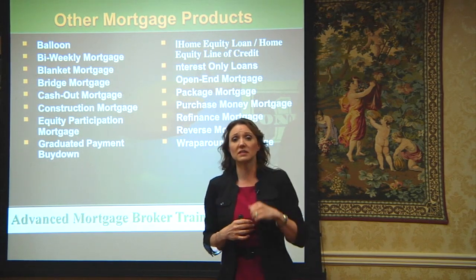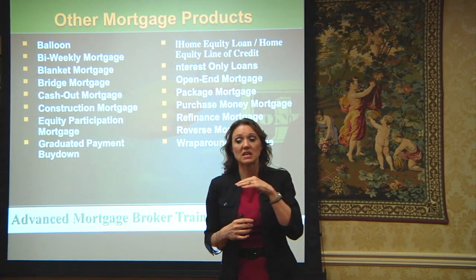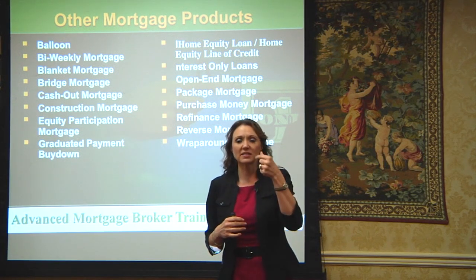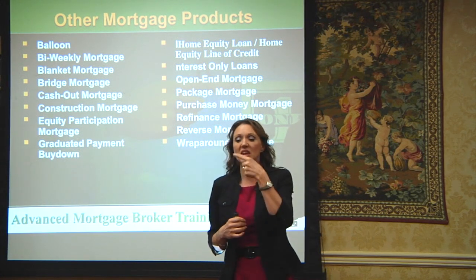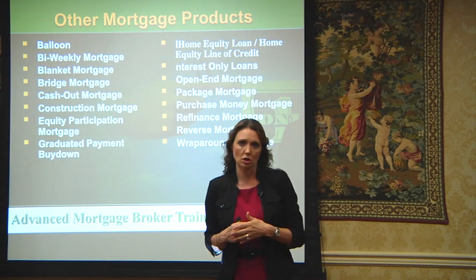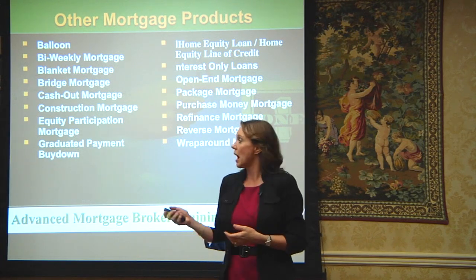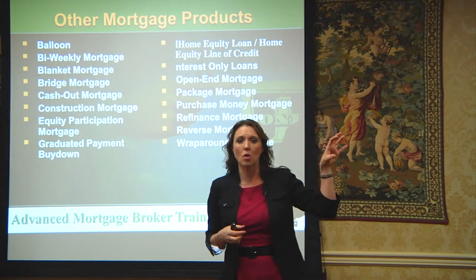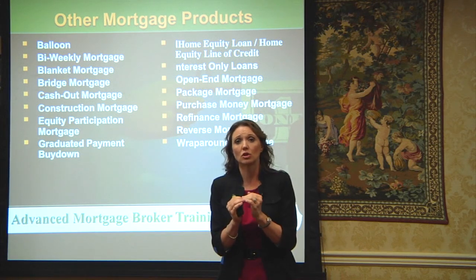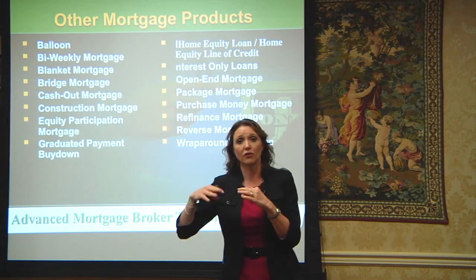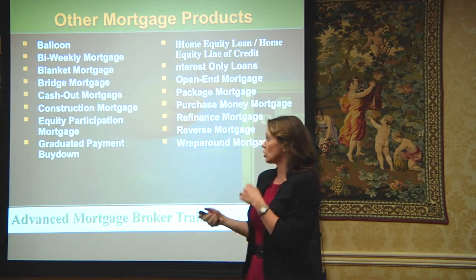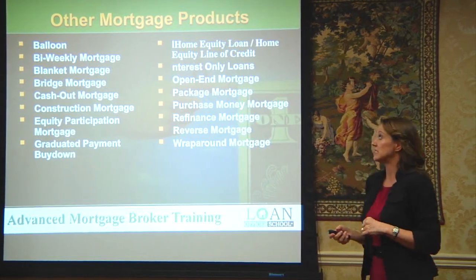The next year, it's going to graduate up to 3%. So in year two, you're going to pay 3%. The next year, you're going to pay 4%. Then the next year, all the way to the end of the term, you're going to pay 5%. That would be a graduated payment buy down. It basically means you pay more now to get a significant reduction in your interest rate or your payments for the first few years, and it will gradually increase, hence the term graduated payment buy down.